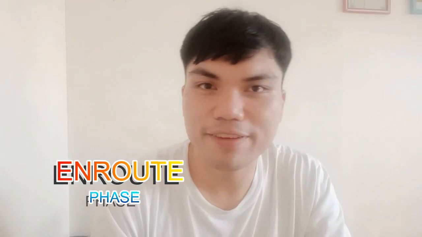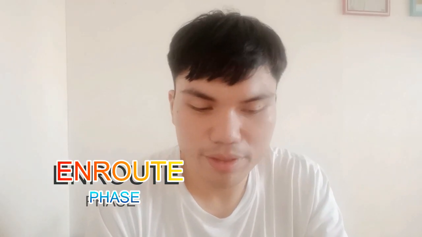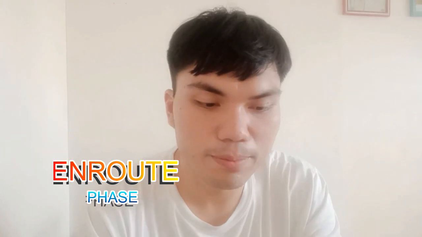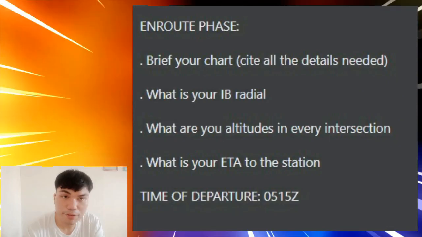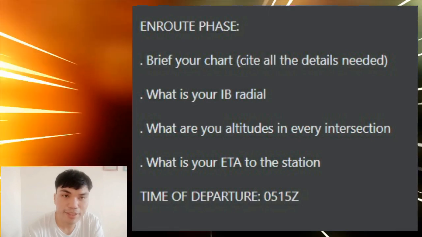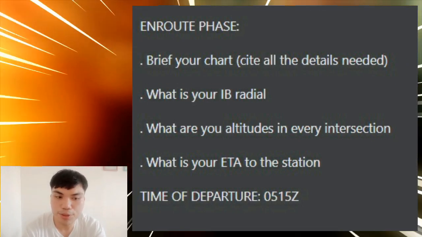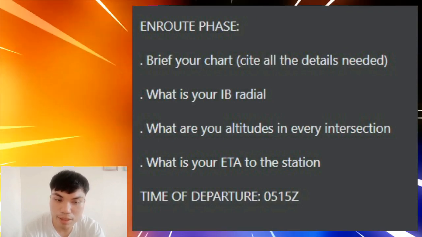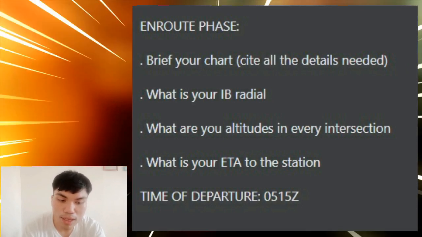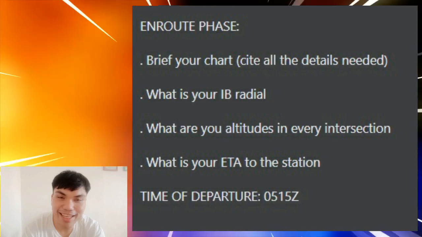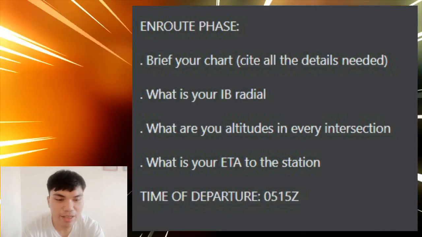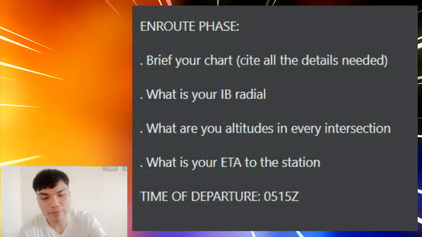Now for the en route phase. So I'm gonna read it all, and here are the pointers. Brief your chart. What is your inbound radial? What are the altitudes at every intersection? What is your ETA to the station, your estimated time of arrival?